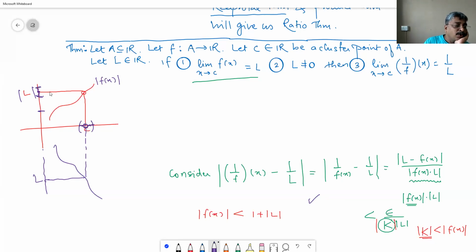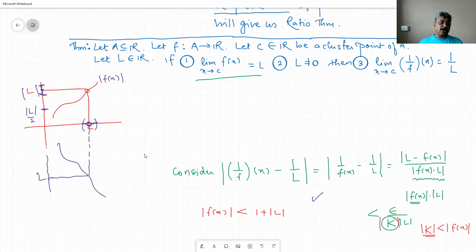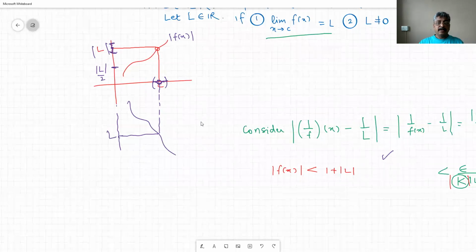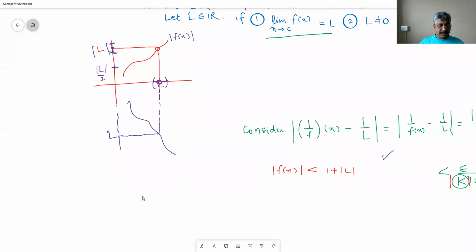Okay, so now suppose we take this value as mod L by 2. Now I straight away write down the proof of the lemma that we are required to do, and you go through it and tell me whether you are comfortable with it or not, and we will try to discuss that.